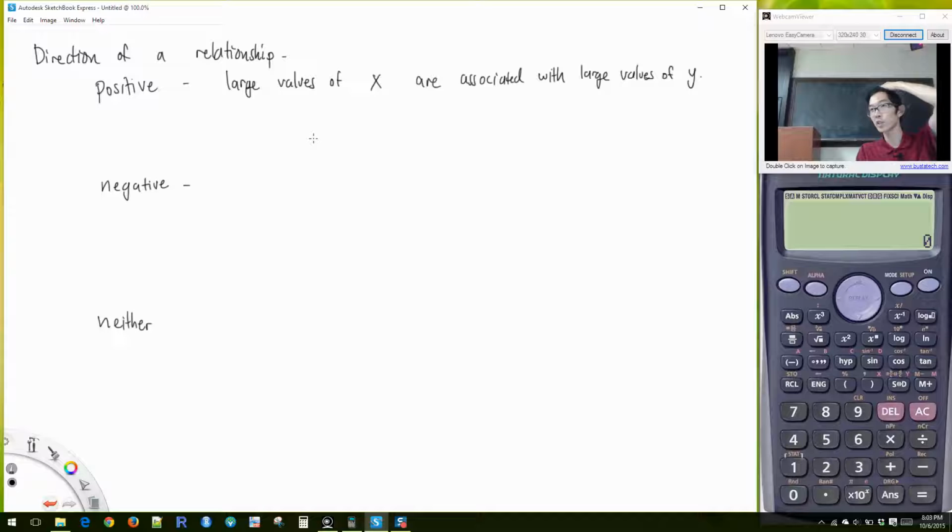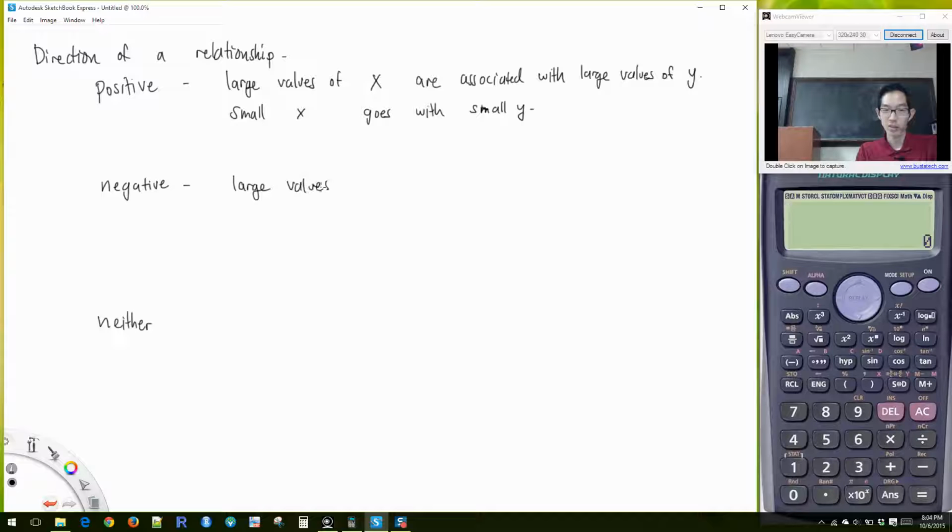Longer snakes, meaning length is large, is associated with heavier snakes, meaning weight is high. And positive also means small x goes with small y. I should probably write small values of x are associated with small values of y, but I think you catch my drift here. A negative relationship is just the opposite.